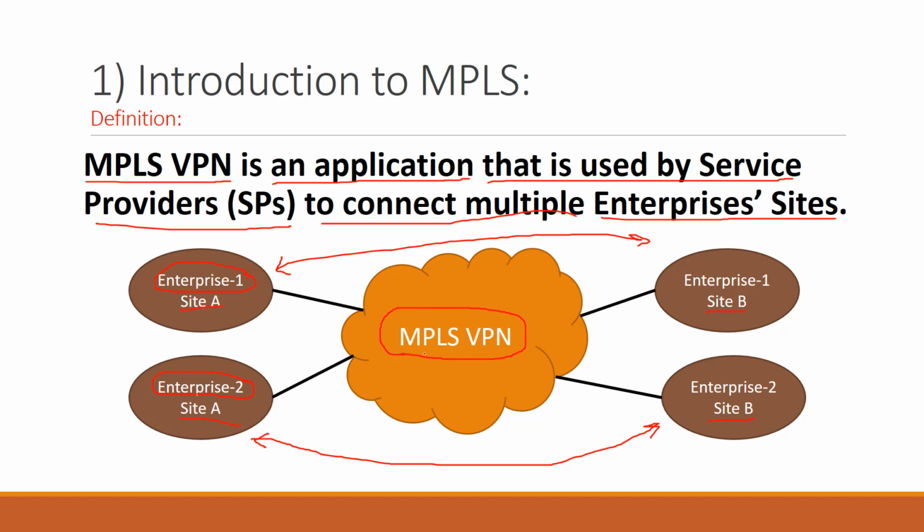Why do we use the MPLS VPN? Because these 2 customers or enterprises may use overlapped private IP addresses. And this problem we are going to discuss in the coming slides, and we will show how MPLS VPN is going to solve this issue.